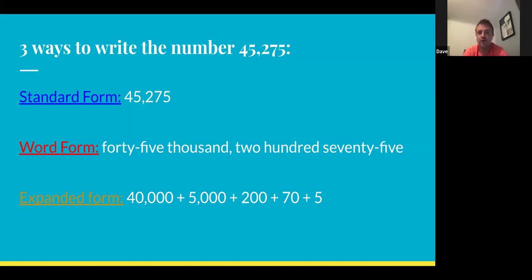Okay. So again, I look and I see that it's a 45. So I write 45. Then I say what unit it's in. It is in the thousands place. So 45, go to my next, 275.